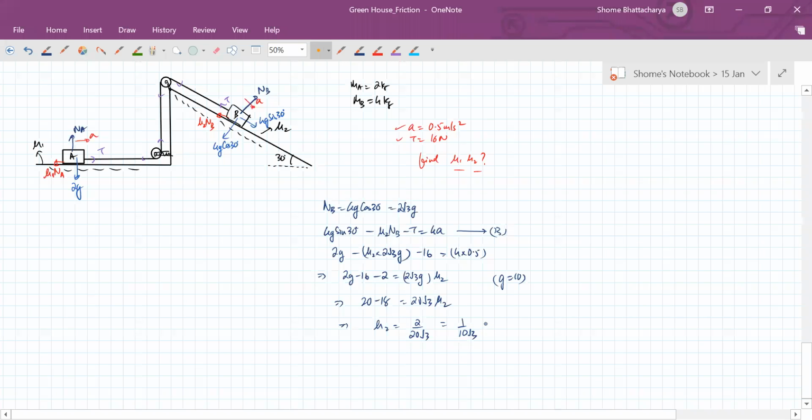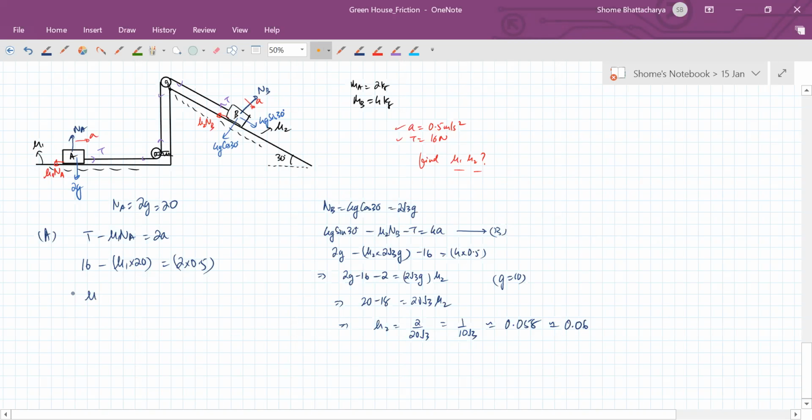So that will come out to be which is the answer they have given. Whereas for block A, you can see the equation is T minus mu1 NA is equal to 2a, and NA is equal to 2g or 20 newtons. So 16 minus mu1 into 20 is equal to 2 into 0.5.